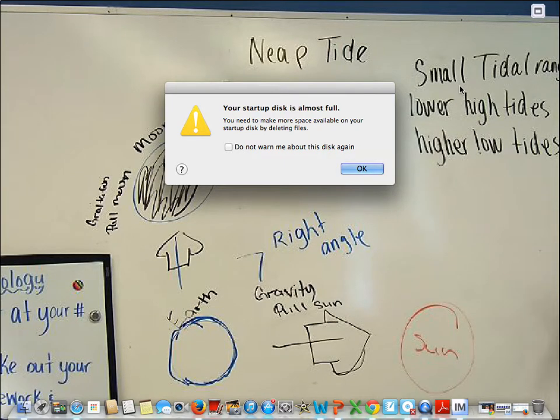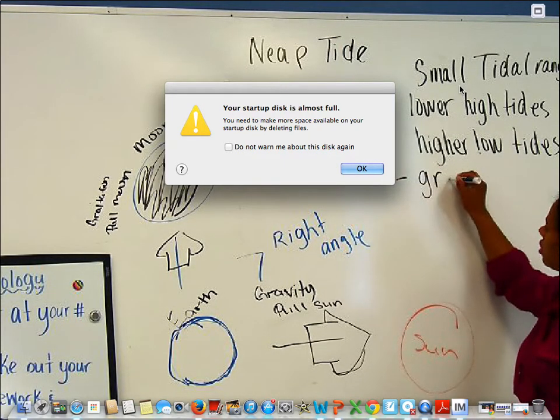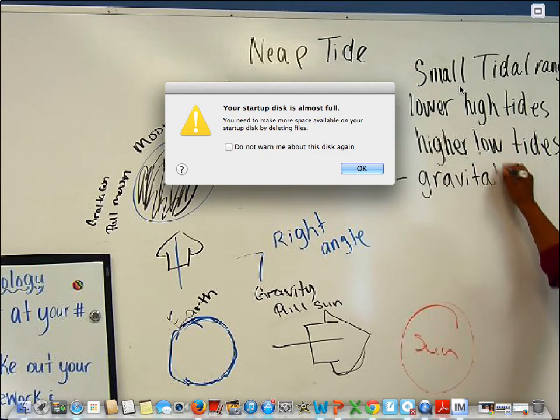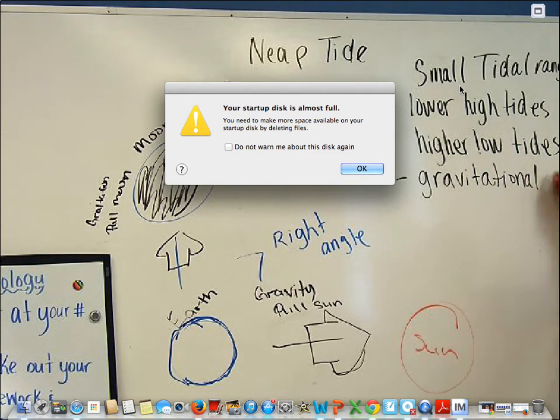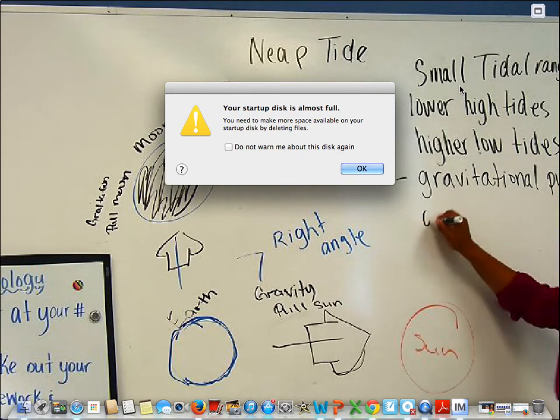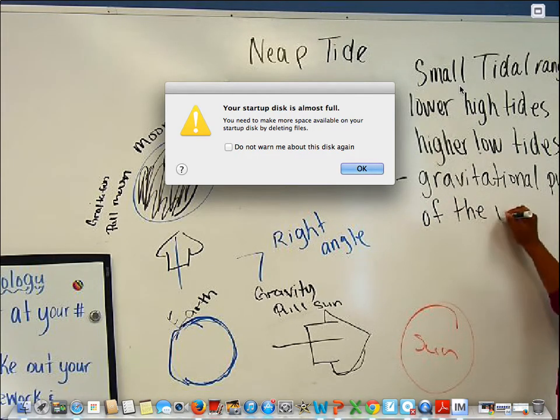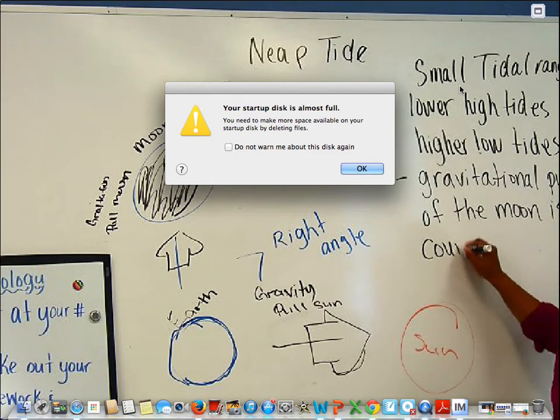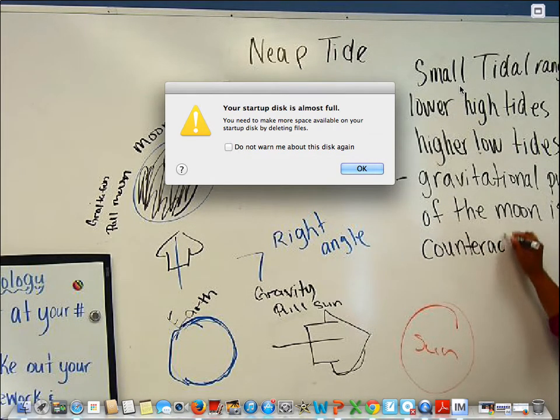And we do see that the gravitational pull of the moon is counteracted or canceled out by the sun.